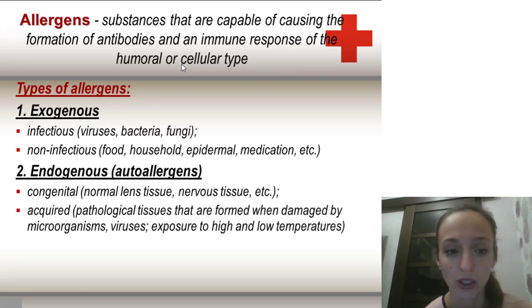Next group, the second group, is endogenous factors: congenital, for example, normal lens tissues or nervous tissue, and acquired pathological tissue, which is formed when damaged by microorganisms, viruses, exposure to high and low temperatures.